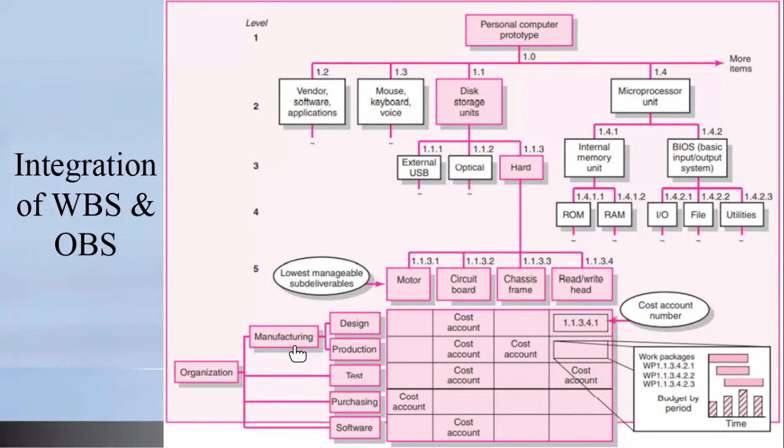The manufacturing department is broken down into a design unit and a production unit. In the organization, we have a test unit. We also have a purchasing department, and we have a department that works on software. So for this particular project, we are going to draw on resources for the hard drive aspect of this project.